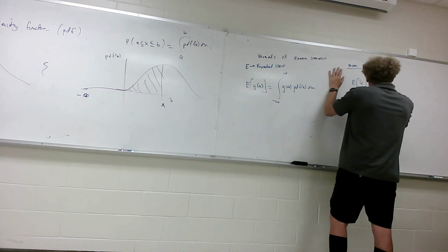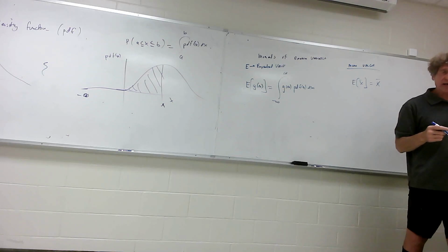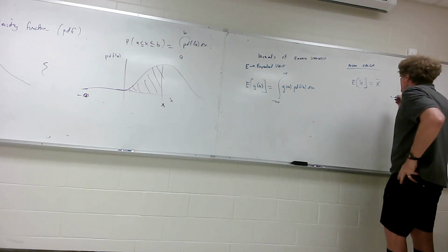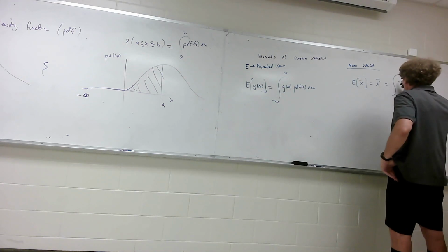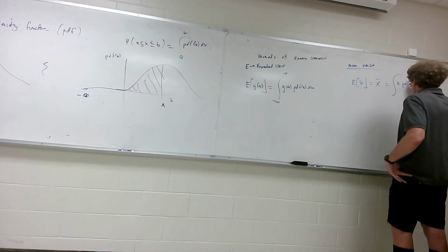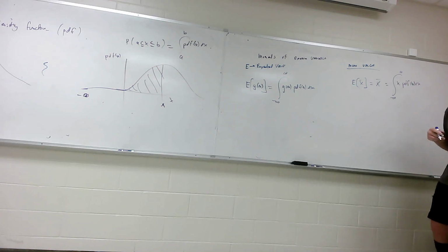So the symbol for that is x bar. Remember mean value from anything at all? Like average value, right? You've heard this, right? When I do this, I can simply take the integral of x times the PDF function, whatever it is, of x dx, from minus infinity to infinity. It gives me what would be considered the mean value.